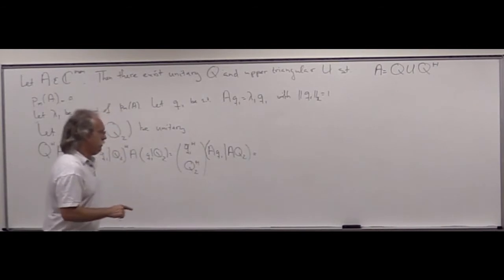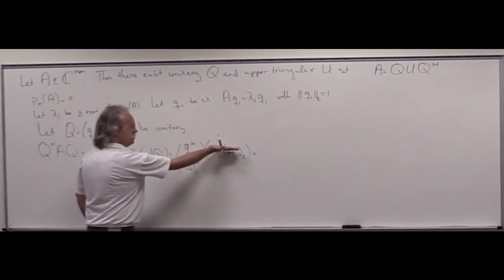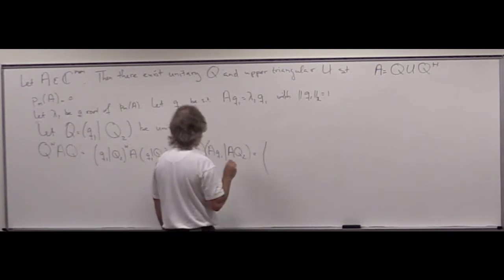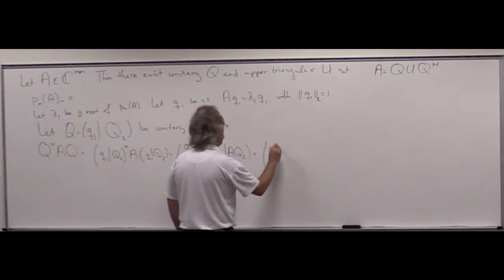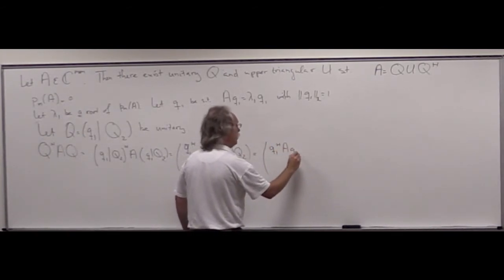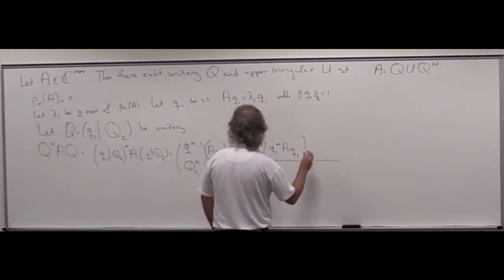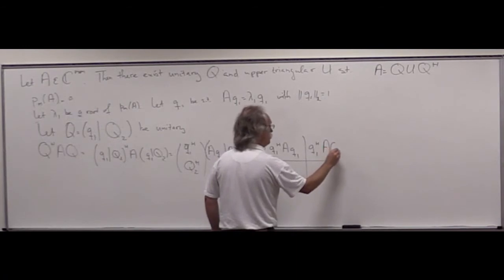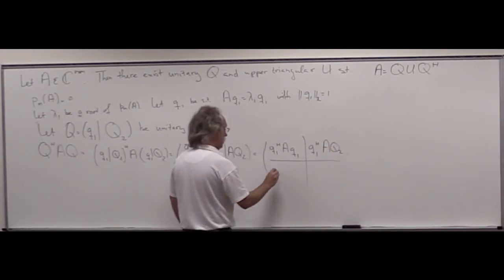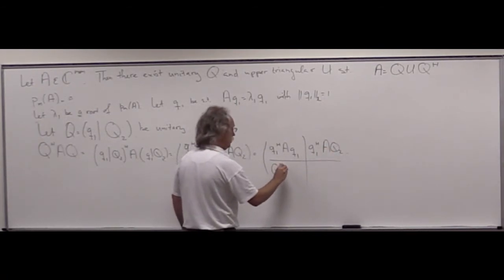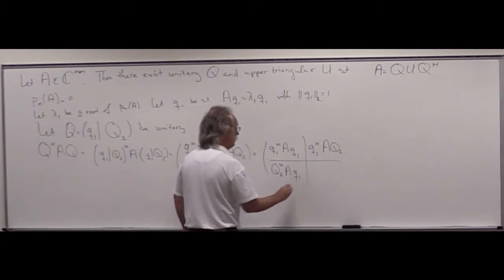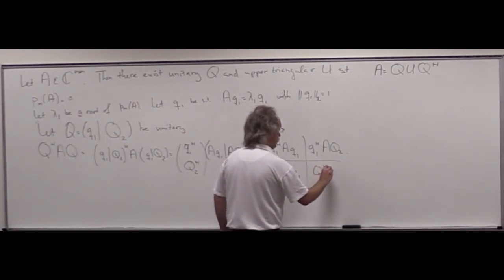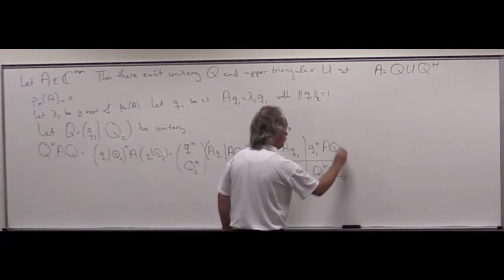And then that can be written as an outer product of two symbols times something with two symbols. So we get a 2 by 2 matrix of symbols, and we get Q1 Hermitian A Q1, Q1 Hermitian A Q2, Q2 Hermitian A Q1, and Q2 Hermitian A Q2.